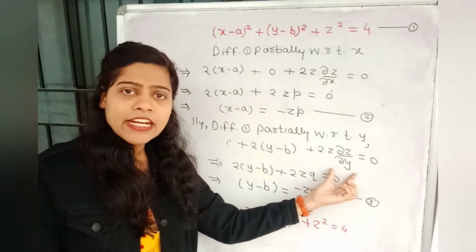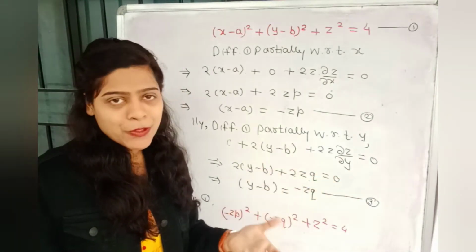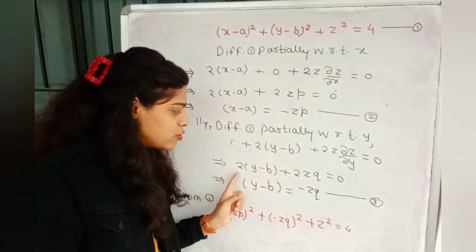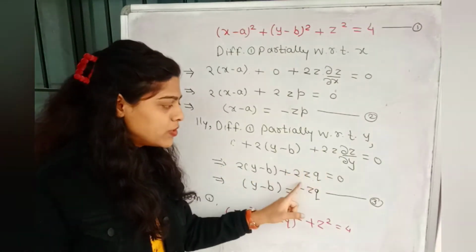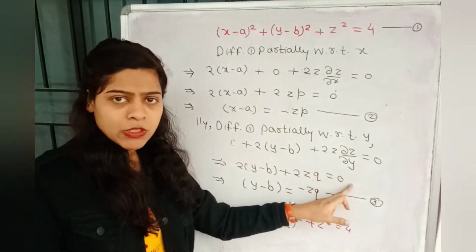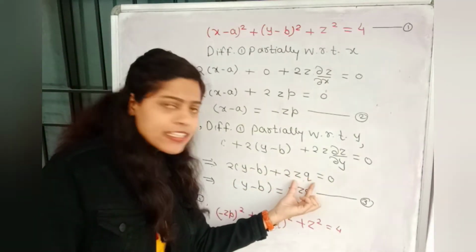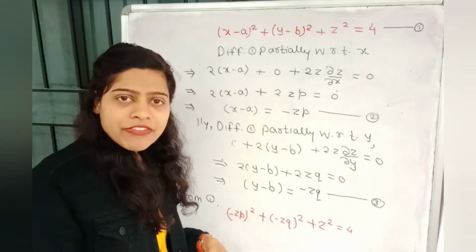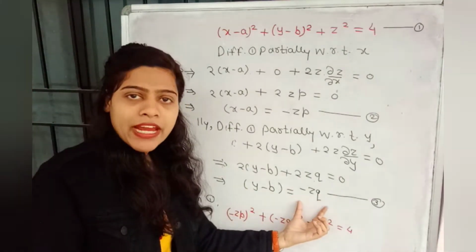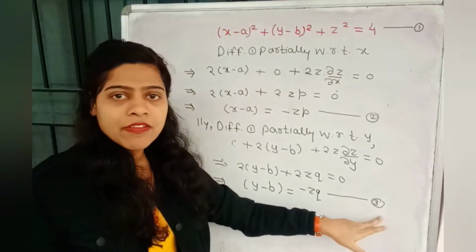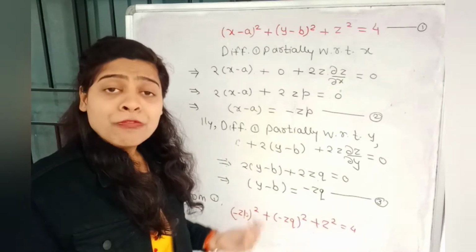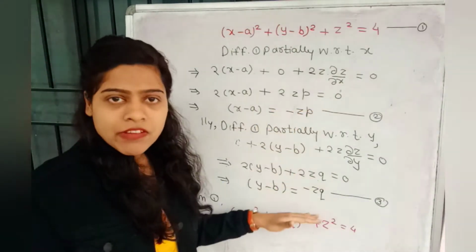The standard notation of dou z by dou y is q. So 2(y minus b) plus 2z into q is equal to 0. Dividing by 2 on both sides and taking this term to the right side, we get y minus b is equal to minus zq. We denote this as equation number 3. So we have obtained equation number 2 and equation number 3.